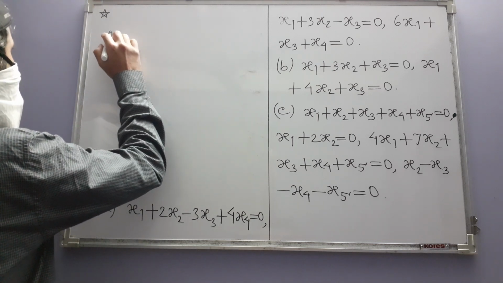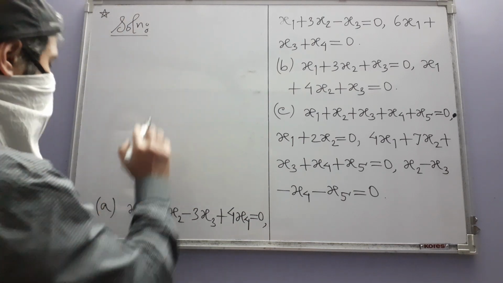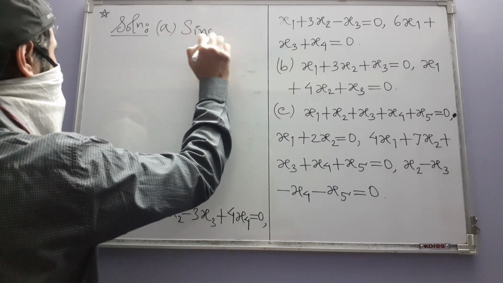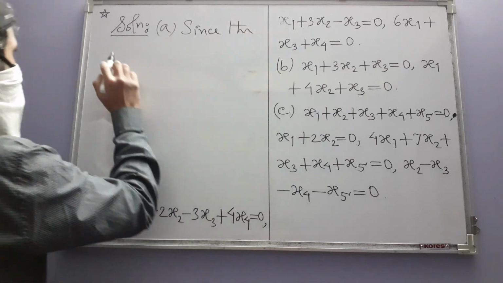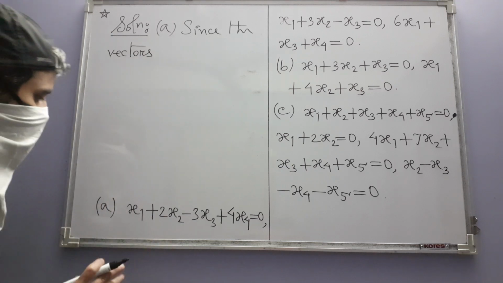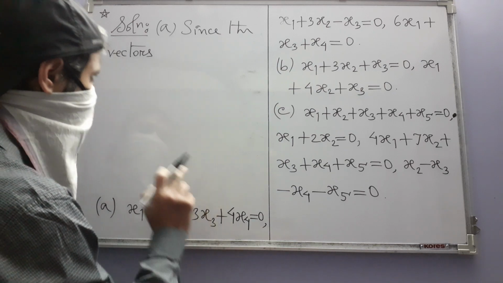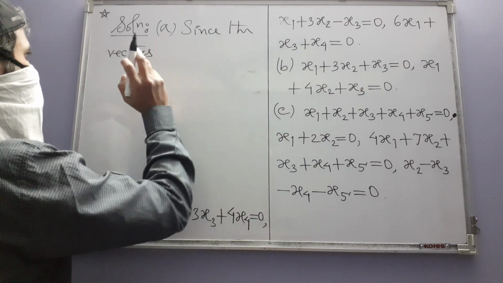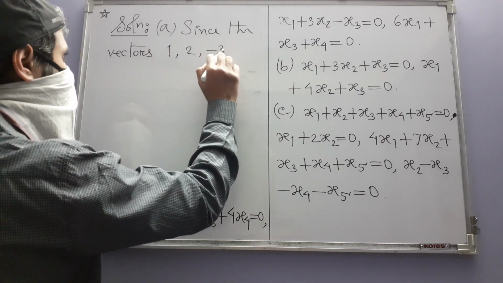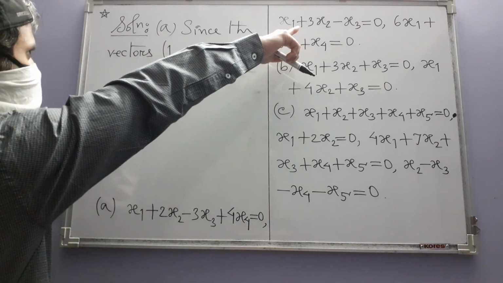So we start our solution like this. So this is part A. So what is the first vector that we will get? Its components will be 1, 2, minus 3 and 4. So the first vector is this: 1, 2, minus 3 and 4, and the second vector will come from that one.